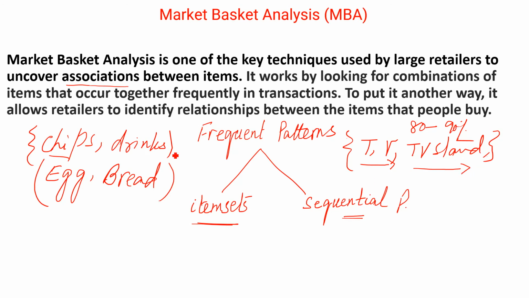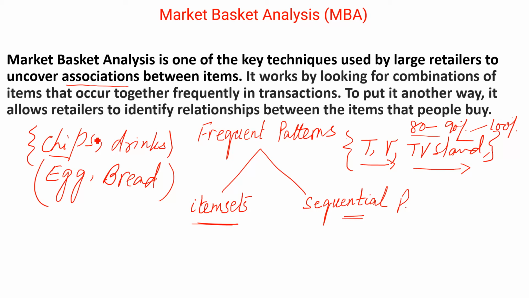So with the help of these item sets and sequential patterns, the owner of the business tries to understand the pattern or interest of the customer. And on the basis of these two, the owner tries to increase his or her profit. This is the goal of market basket analysis.